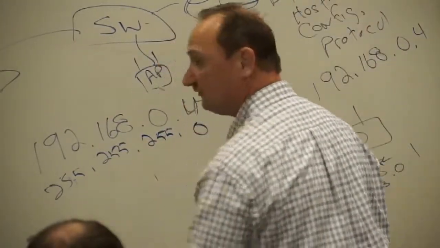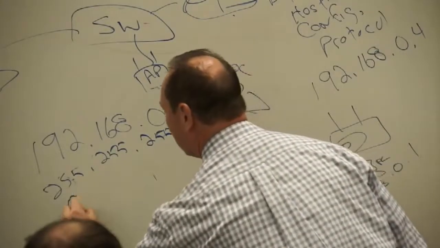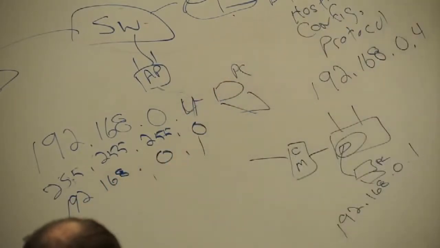And then it's going to have your default gateway, which might look like 192.168.0.1. That's the 3 parts you have to have. Now, it might give you some other things, but this is the thing you have to have.